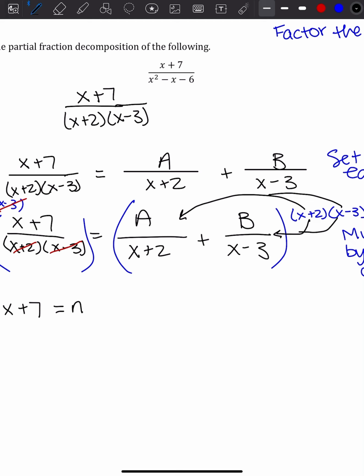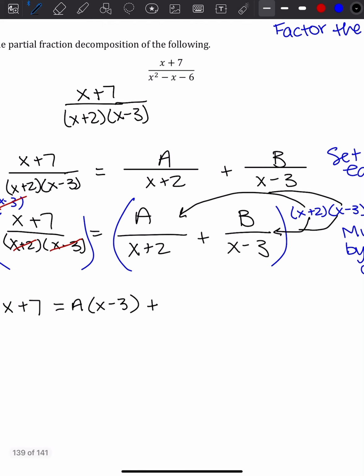So I still have A, but then we multiply it by an x minus 3, so I have A times x minus 3. This is being added to x minus 3 times B over x minus 3. Those cancel each other out, they make a special form of 1, and I'm multiplying it by x plus 2.